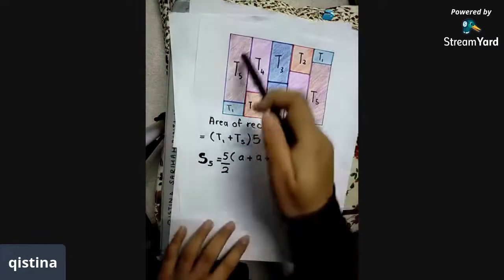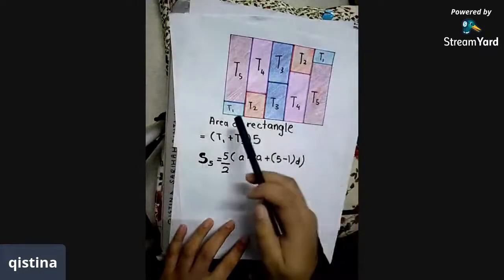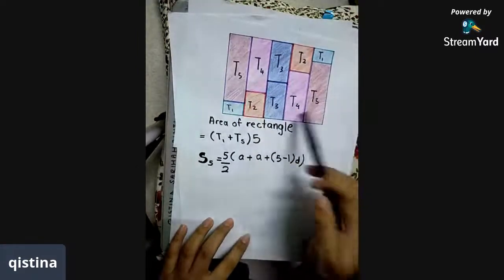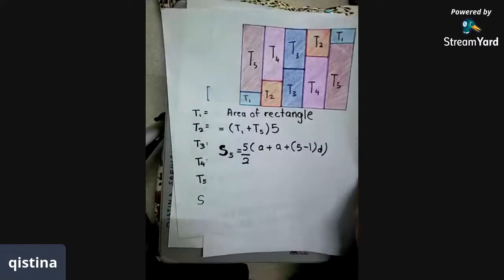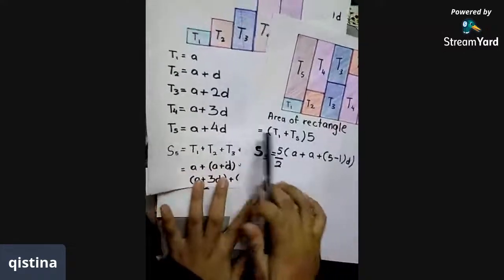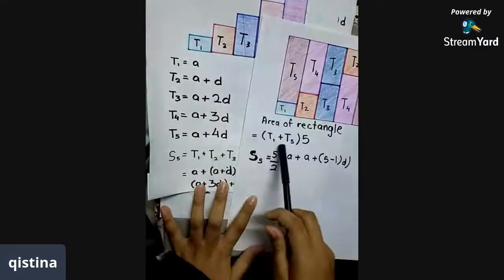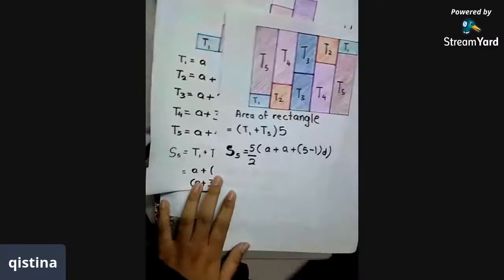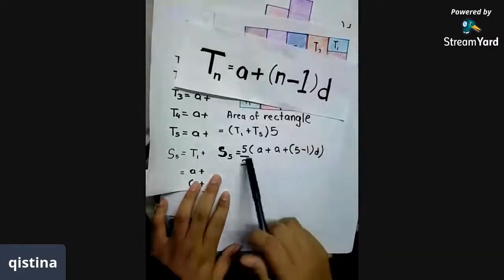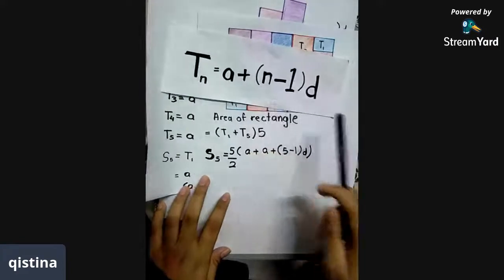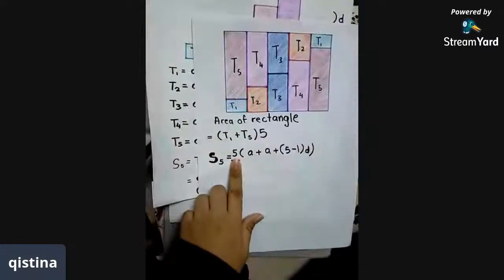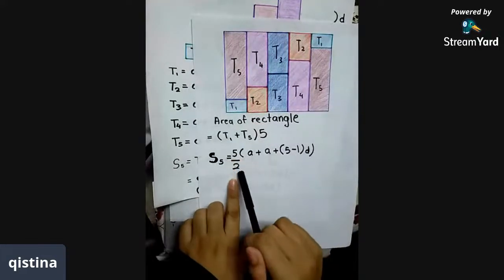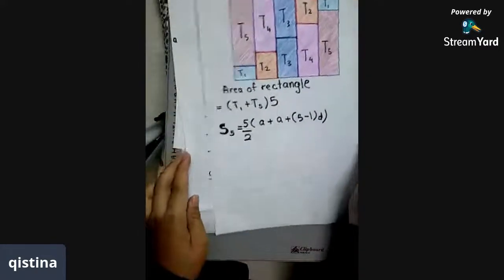So by knowing the value of the first column, we just need to multiply by how many bars there are. That also equals the number of terms. So T1 plus T5 is a plus, using this formula, a plus 5 minus 1 d, the common difference, times 5 here, and divide by 2 because we duplicate them.